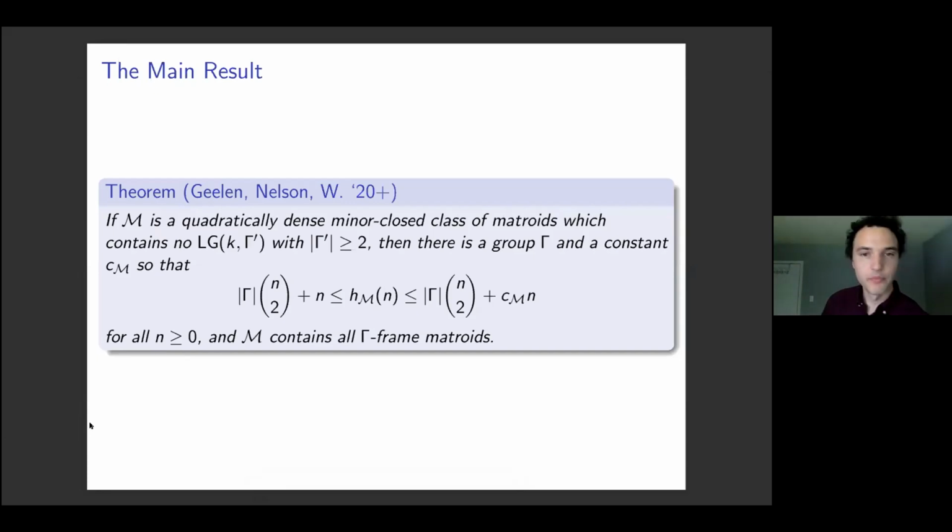Yeah, so in this case, it's some explicit function of constants given by your quadratically dense class. So it's some function of K and the length of the line that you exclude in your class, and a couple other things as well. Yeah, but it's an explicit constant.